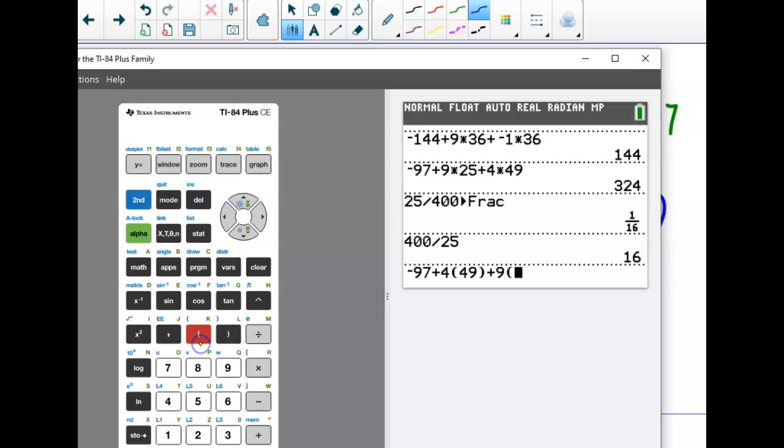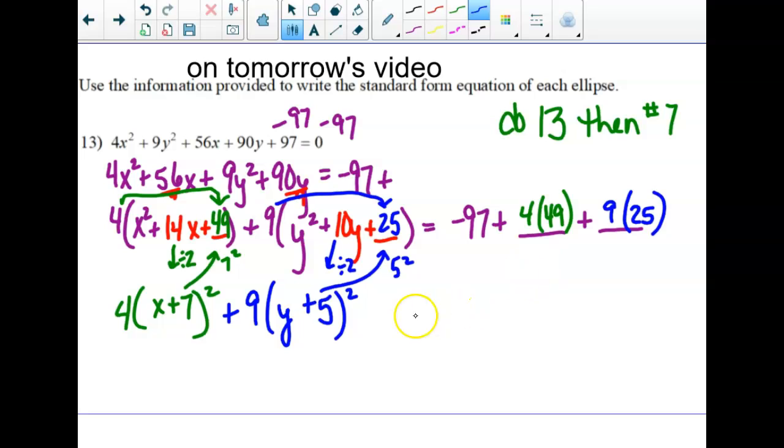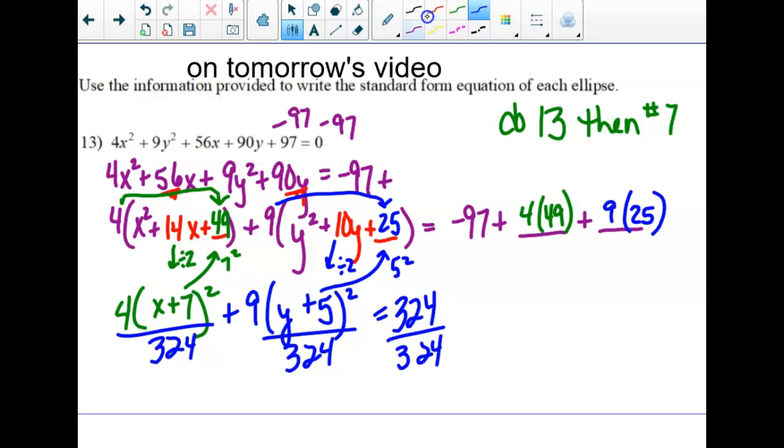What'd you get for the grand total before you divided? $324? Okay. Let's see. 36 maybe?